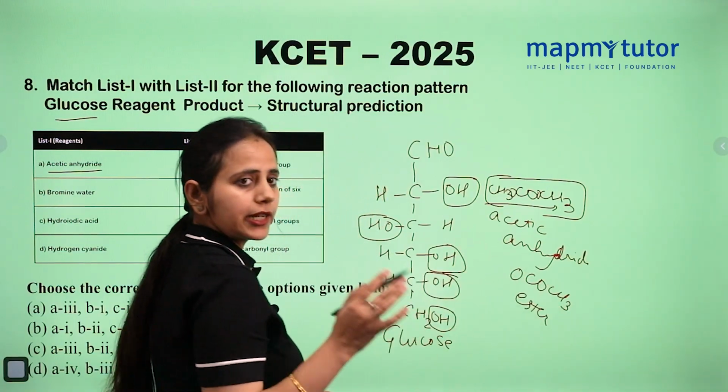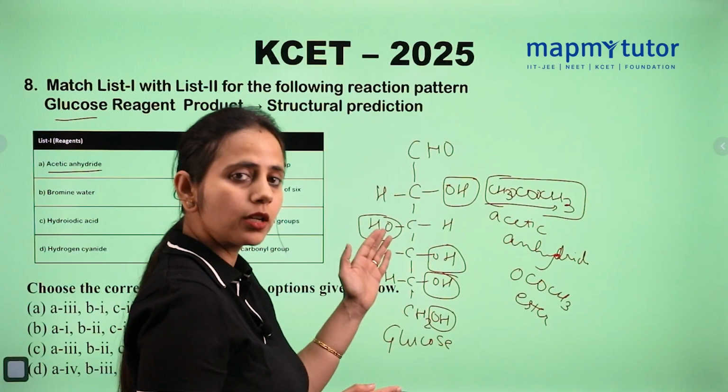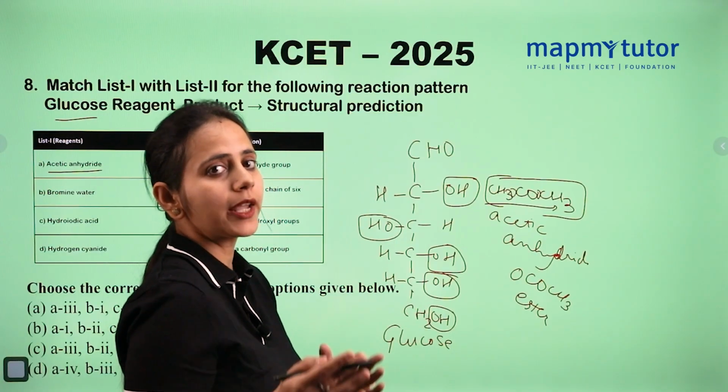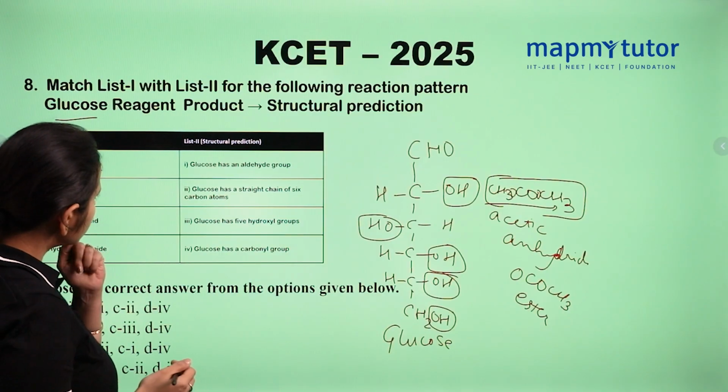So by reaction of acetic anhydride with glucose, all the OH groups in glucose convert into ester OCOCH3 groups.